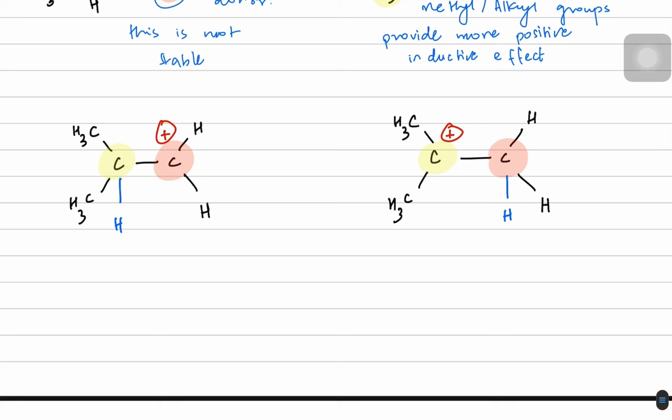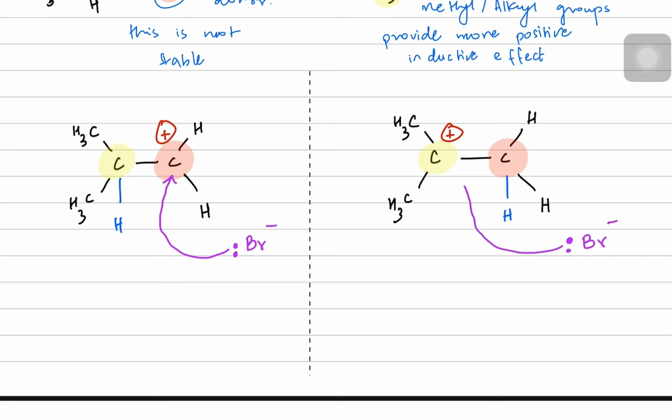Now, the second step is also two possibilities because there are two different carbocations, two different intermediates. The bromide, which is a nucleophile, could attack whichever intermediate is there. So it will donate the lone pair to the carbocation.